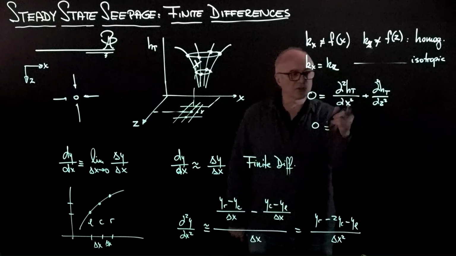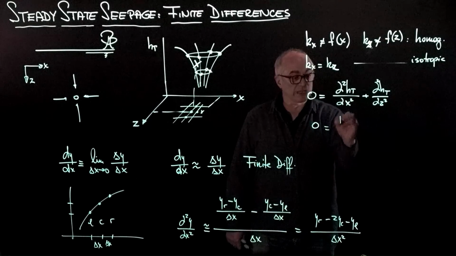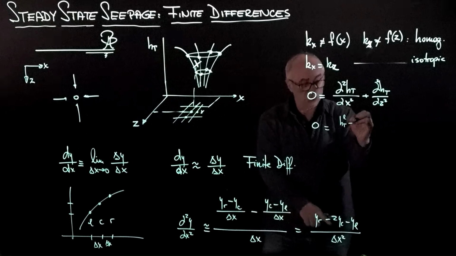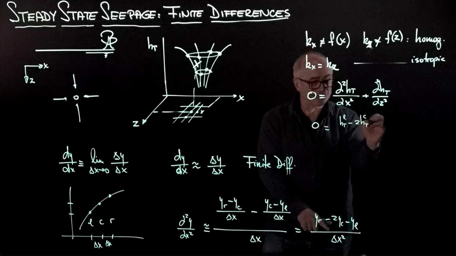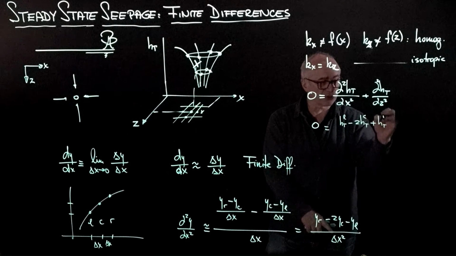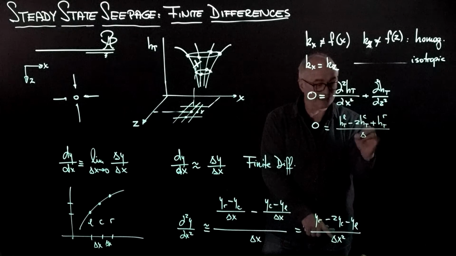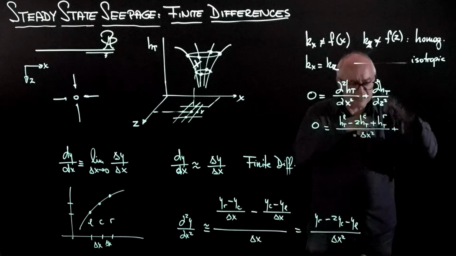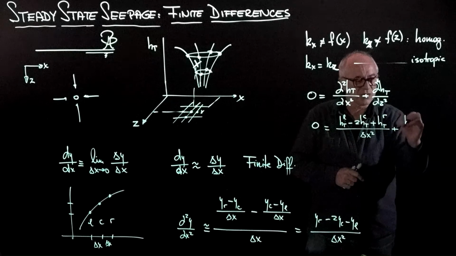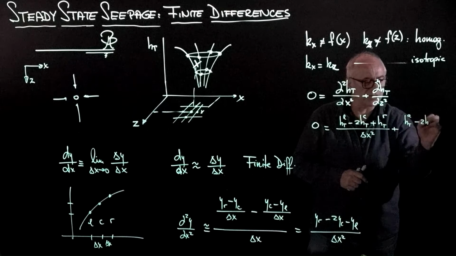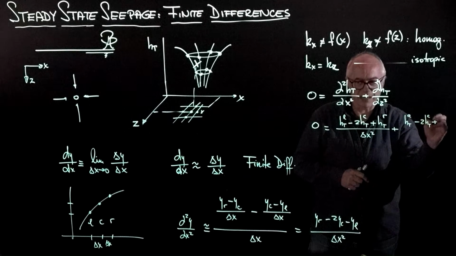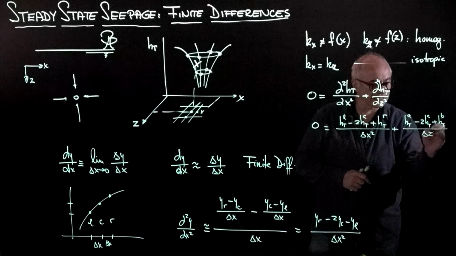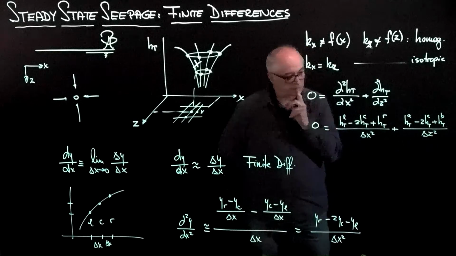This is going to be equal to, in terms of x, h total to the left minus 2 h total at the center plus h total to the right over delta x squared, plus we are going to do the same in the z direction, and in the z direction there will be a point above and a point below, h total above minus 2 h total at the center plus h total below over delta z squared is going to be equal to 0.